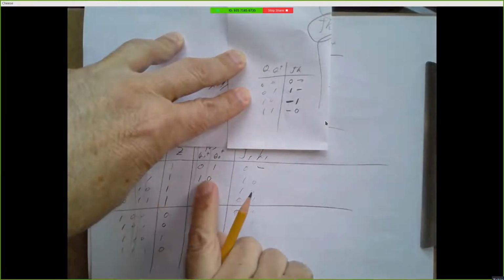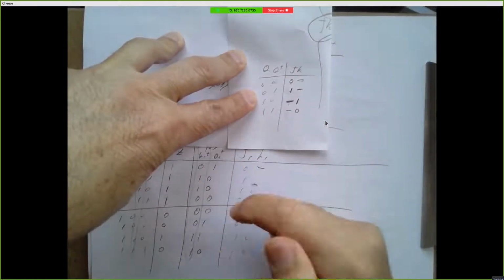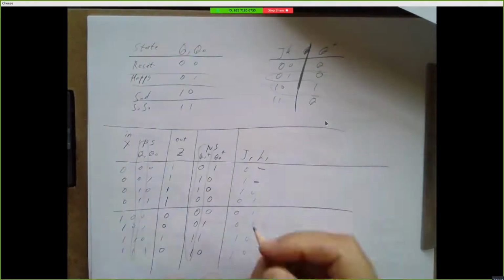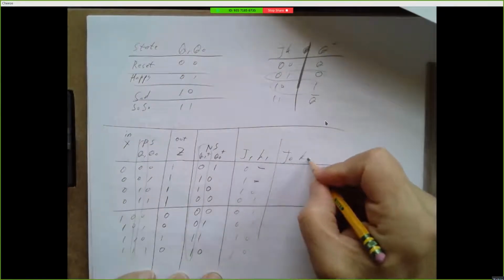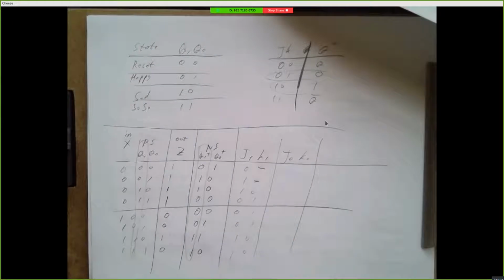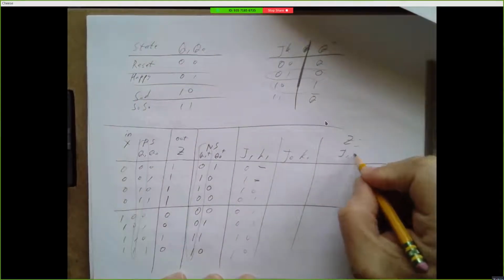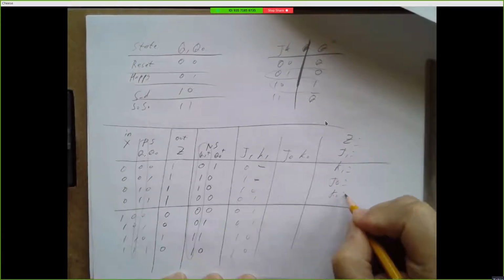If we're going from 0 to 1, we can set JK to a 1 and a don't care, and so on. So you fill in the inputs for J1, K1, you fill in the inputs for J0, K0, and then you have to write equations. Z equals, J1 equals, K1 equals, J0 equals, K0 equals.